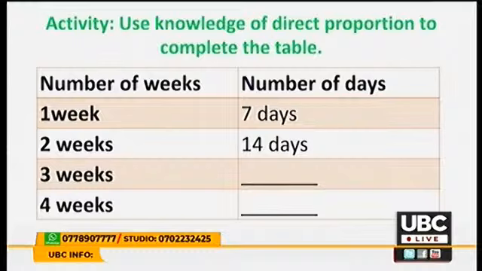How about 3 weeks? How many days? And then we have 4 weeks. How many days? Don't forget to call in using the studio line to give us your answers and how you've gotten those answers.